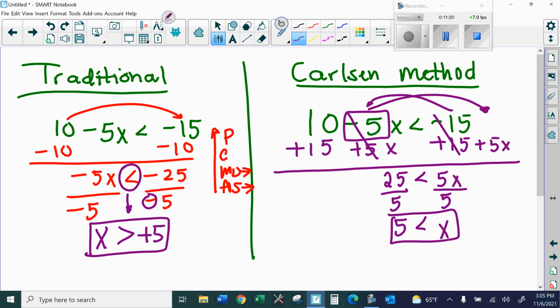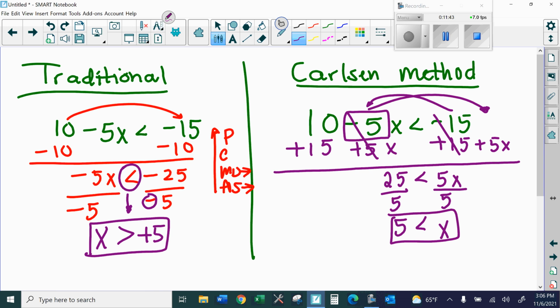So if it's already on the left side, they would leave it there, and if it was on the right side, they move the variable to the left side. For whatever reason, they teach to always move the variable to the left side. I don't agree with it. I mean, you can still get the right answer. That's not the question. It's just chance for error. I want to decrease the chance for error.